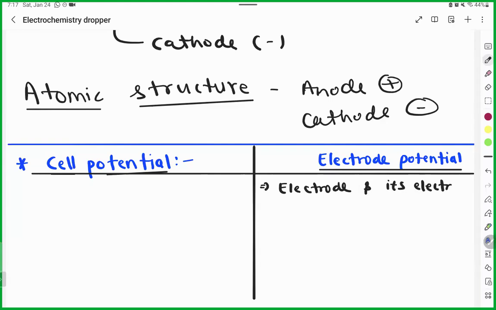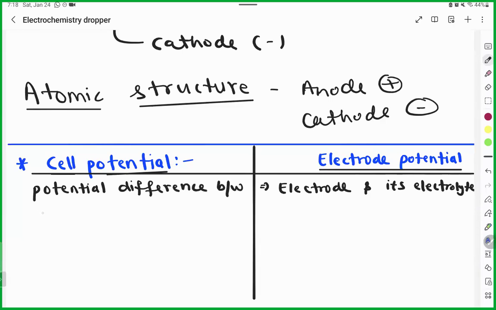Like you take zinc and zinc 2 positive, that potential difference will be the electrode potential. Cell potential is the potential difference between the two electrodes, means between copper and zinc. Got the difference, Ryan? Okay, sir.